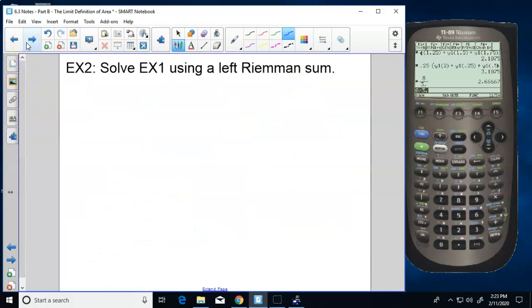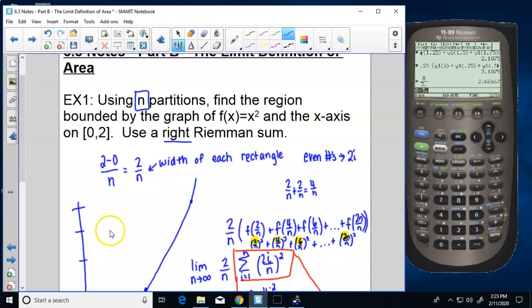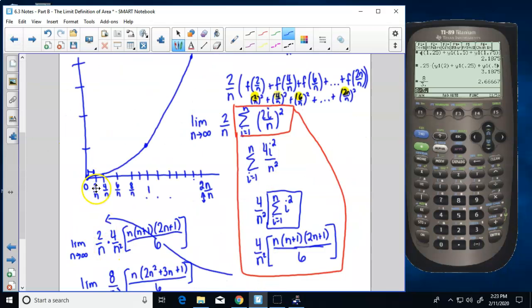All right, now the next one asks us to do this with a left Riemann sum. So if we were to do a left Riemann sum, we would still have 2 over n. But instead of doing f of 2 over n, we would have to do f of 0 first, right?